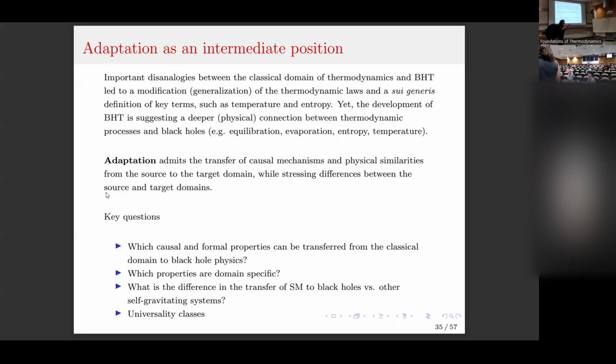But, and here I fully agree with the papers that David wrote, the development of black hole thermodynamics, especially in the last 20 years, is suggesting a deeper connection between typical thermodynamic systems and black hole thermodynamics, which might also suggest that there are some similar causal properties in the two different domains. So I would say adaptation is something that would admit these two different observations. It emphasizes, on the one hand, the disanalogies between the typical domain and the new domain. But on the other hand, it allows for a deeper connection than just a formal analogy.